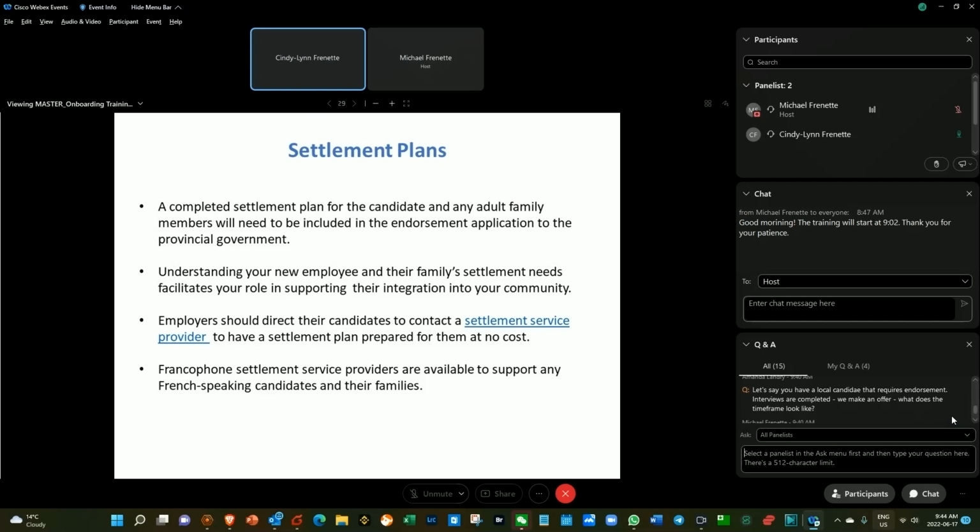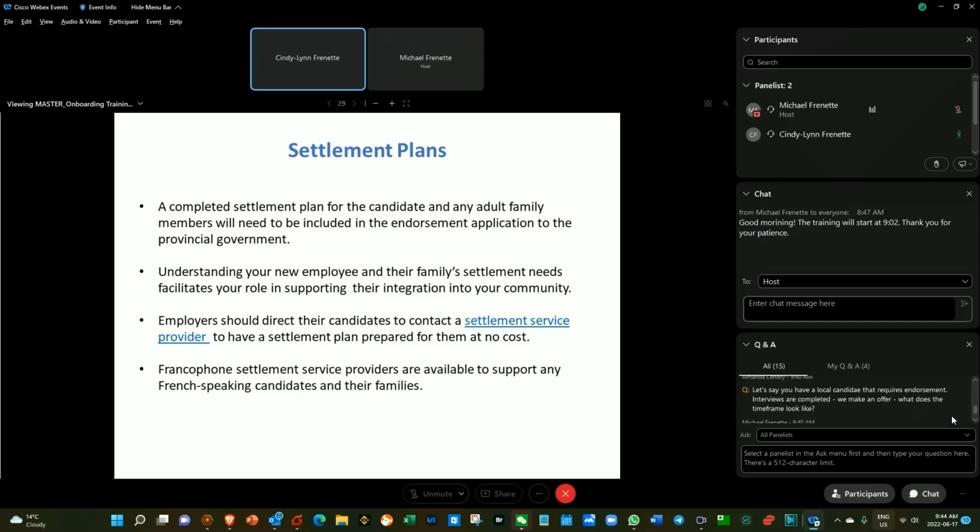The service providers will assess the needs of the candidates and any other adult family members who will be living in Canada. The service provider will then prepare individualized settlement plans for the candidates and their family members.